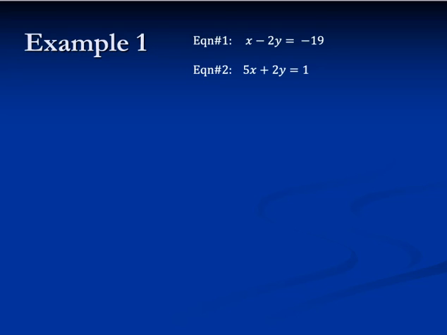So we see that this is lined up already. We have x's over x's in the first column, y's over y's in the second. The equal signs are over the equal signs, and the constants are over the constants. It's already aligned. So if I take this second equation and I add it to the top equation, we see that x plus 5x is 6x.